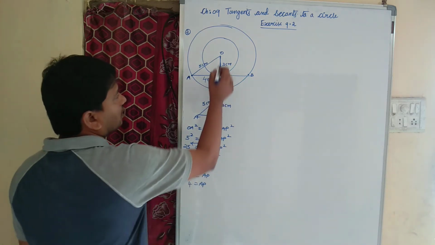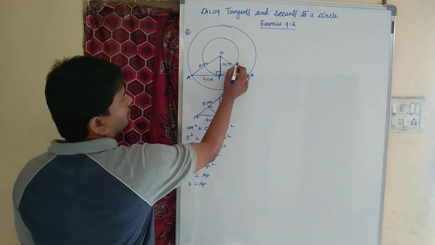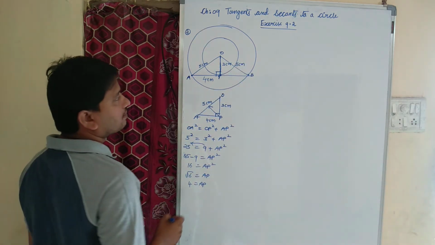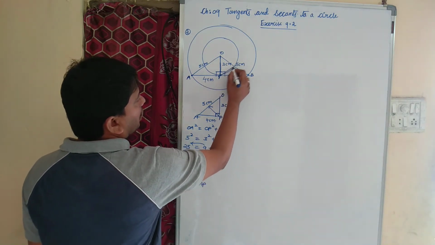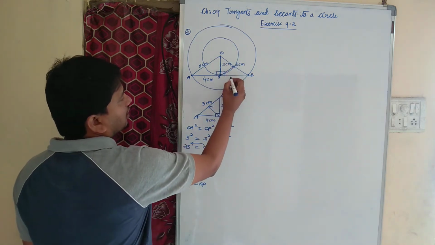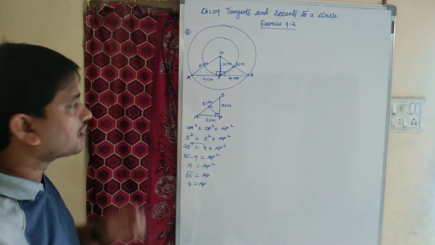Okay. Similarly, OB also, the bigger circle of radius 5 centimeter. Obviously here also by the Pythagoras theorem, the hypotenuse is OB, 5, 3, then you will get 4 centimeter here also because 3, 4, 5 are Pythagorean triplets.